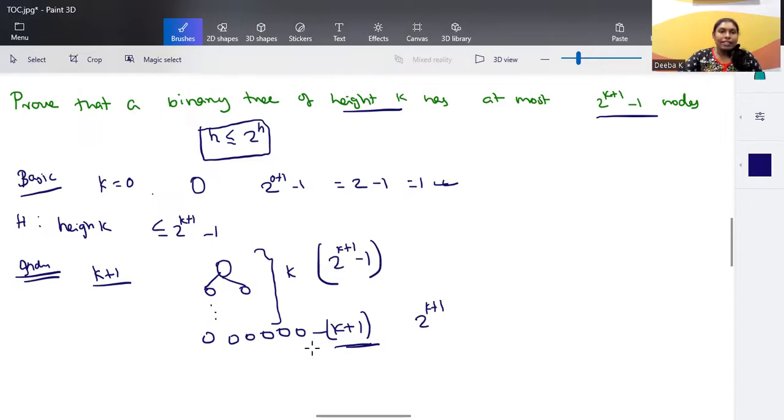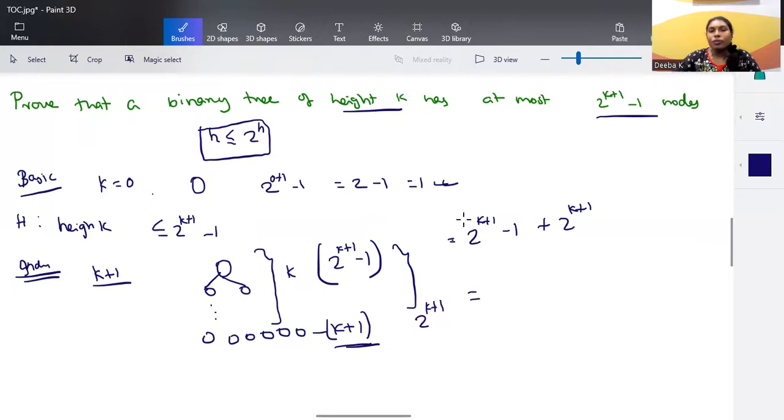And in the last level, the k plus 1th level, a tree of height k plus 1 will have 2 power k plus 1 leaf nodes. So what will be the total number of nodes here? By adding these two, we have 2 power k plus 1 minus 1 plus 2 power k plus 1 nodes. This is the total number of nodes present in the final binary tree.